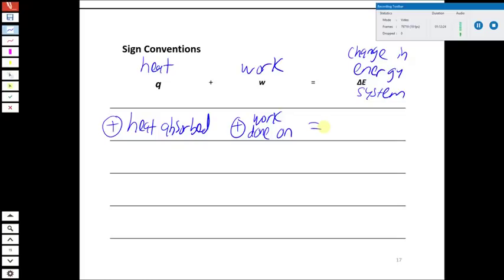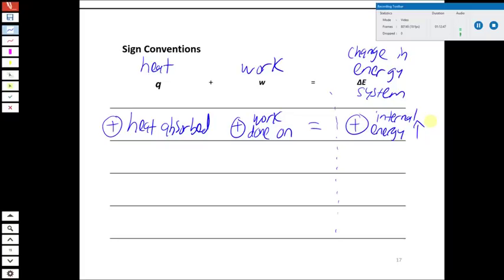If you add two positive numbers together, you get a positive number. That's relatively basic math, I think. So anytime you have both positive Q and positive W, you're going to have a positive change in internal energy. Your internal energy will increase for your system.